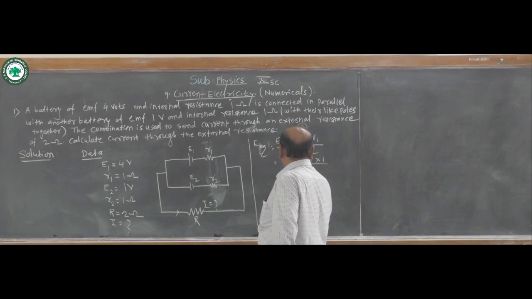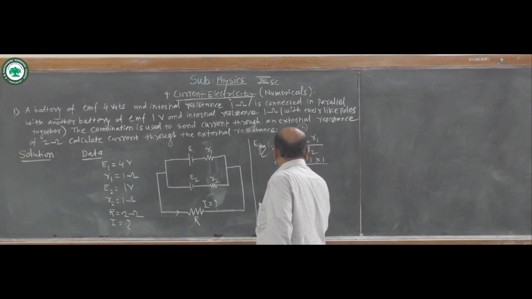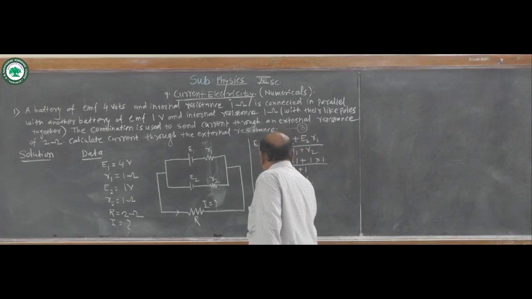What is given? That is 4 plus 1 divided by 2, which is equal to 5 by 2 volt. This is the value of E equivalent.